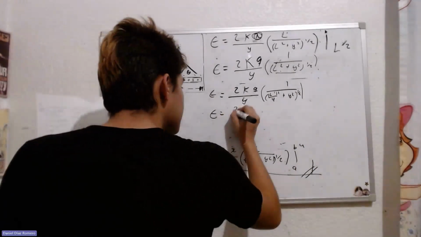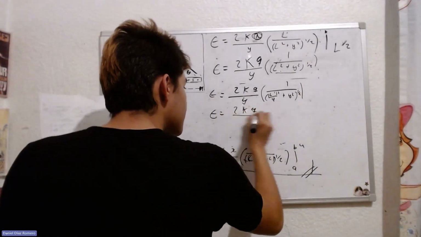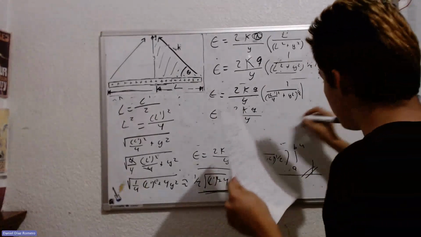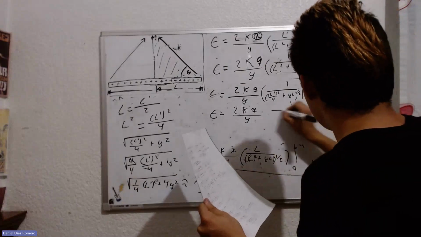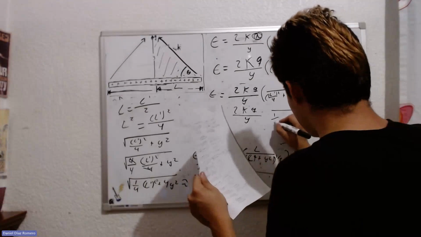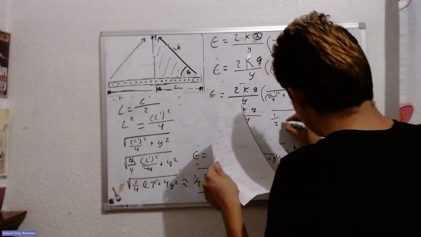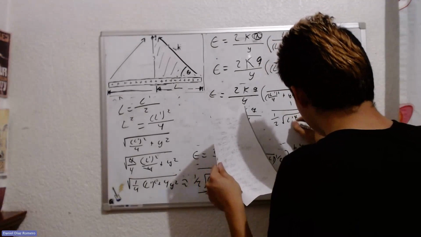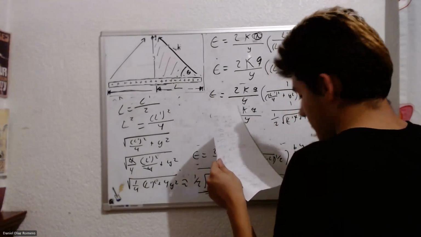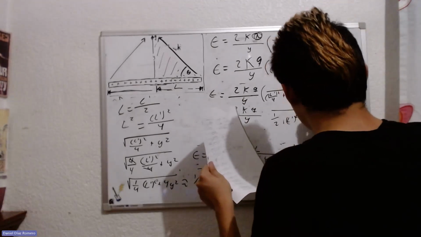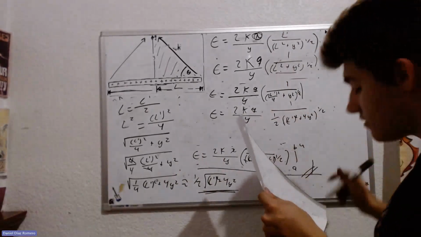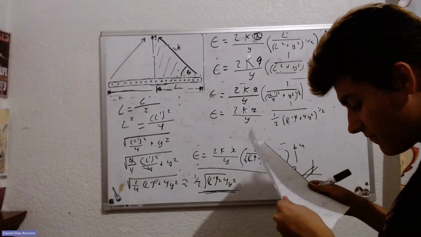All right, it's equal to 2kq over y of the function that we get over there, which is the final one, 1/2 of L prime squared plus 4y squared. Well, instead of putting this here, we'll put the 1/2.